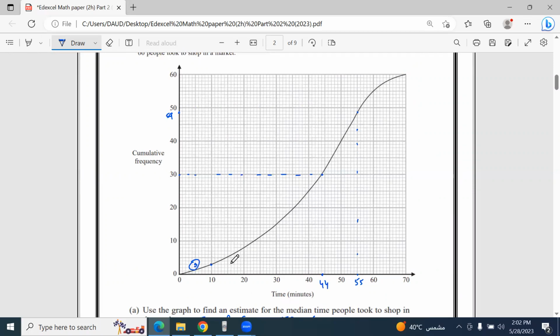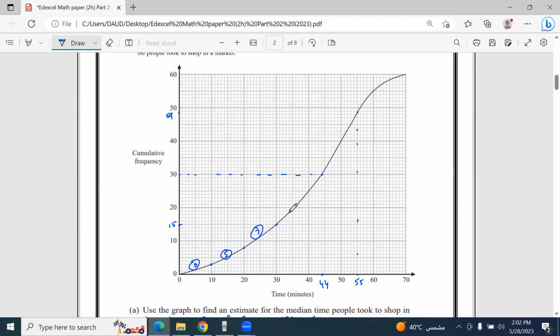This represents 3. 10 to 20: at 20, we have exactly two boxes behind 10. It means 8. 8 minus 3 gives us 5. So 20 to 30: at 30, if you check from the curve, it shows exactly 15. So 15 minus 8 gives us 7.